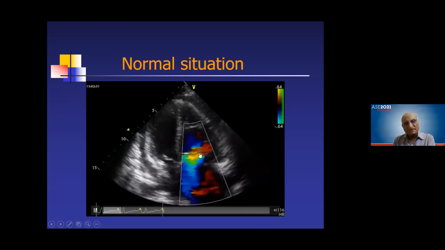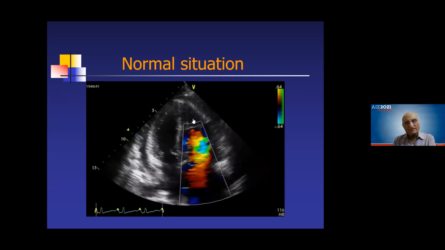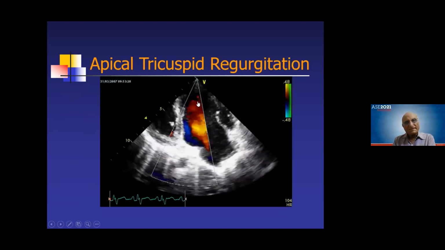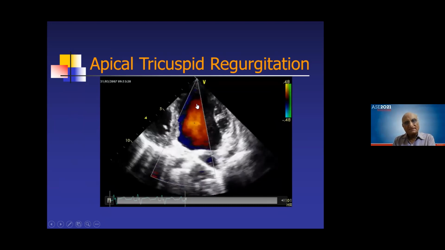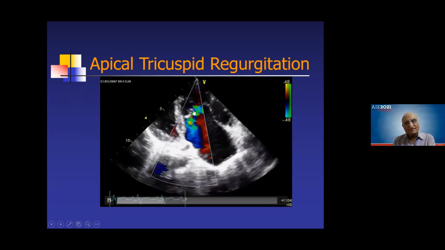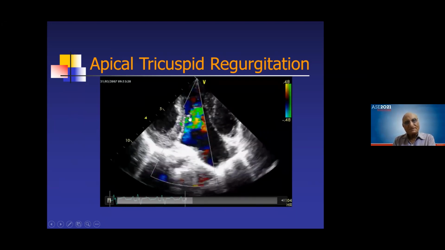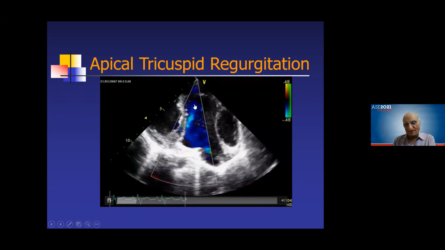In a normal situation, remember where the tricuspid leaflets are, here. And now here you see that there is a marked apical tricuspid regurgitation because the leaflets are meeting here, because there are no leaflets here. So there is an apical tricuspid regurgitation seen.